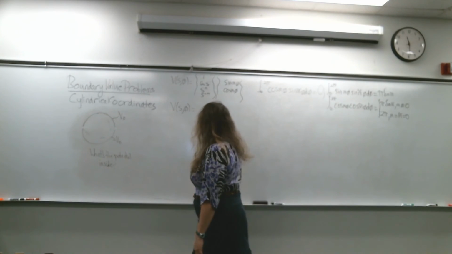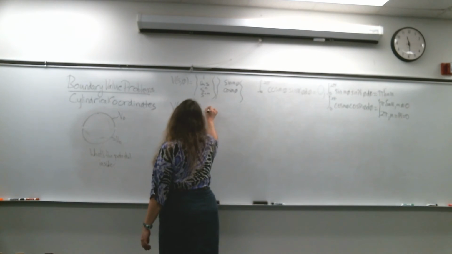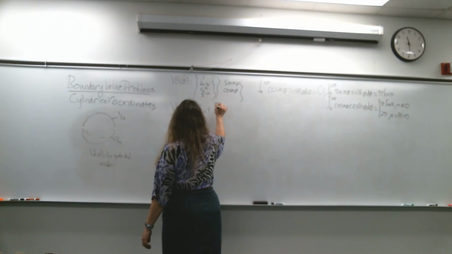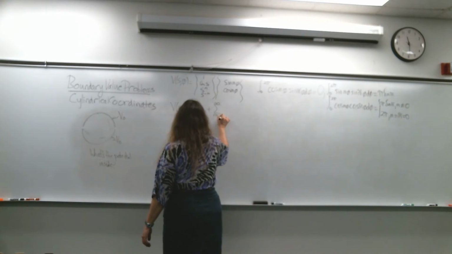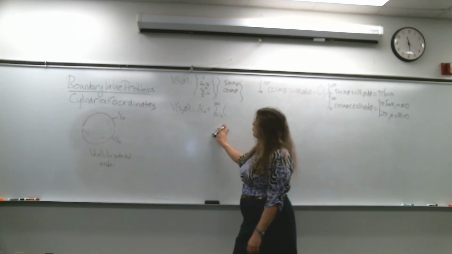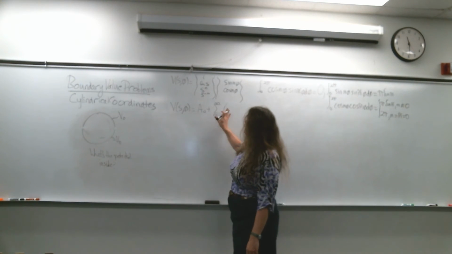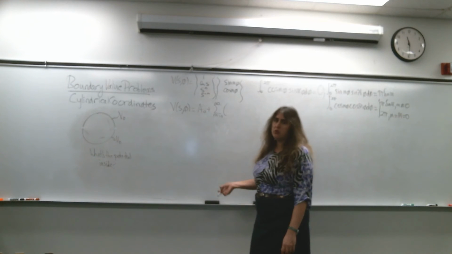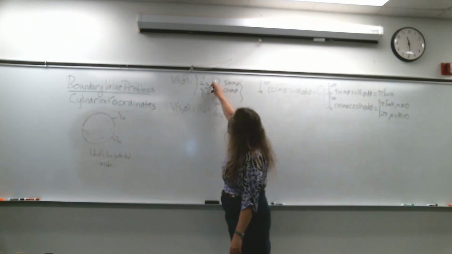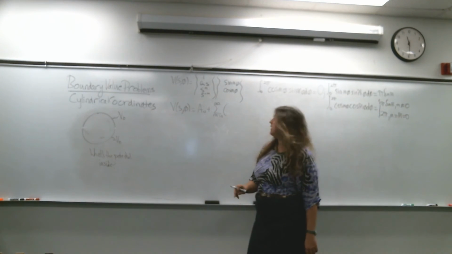The solution is going to have the form of some constant, possibly plus the summation n equals 1 to infinity. Again, since we're looking at the interior region, we can't have our solution blow up there, so that excludes any possibility of including the natural log of S or S to the minus n.